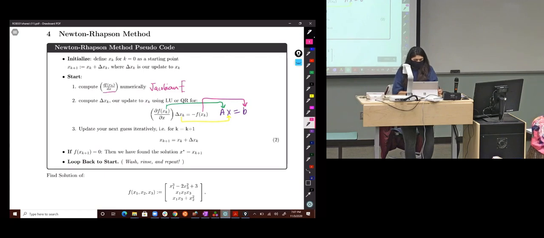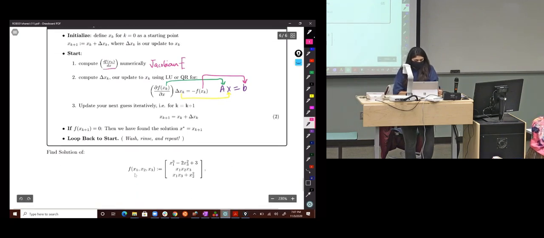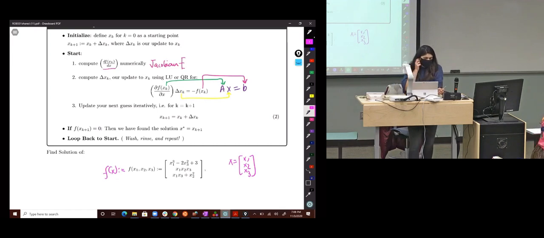So let's say you have a function in R3. So your x is then x1, x2, x3, and this will be your f of x. The first thing to do is you want to create an x naught.